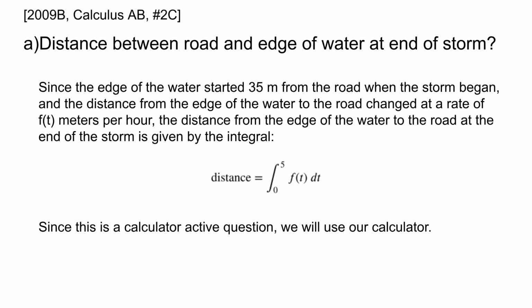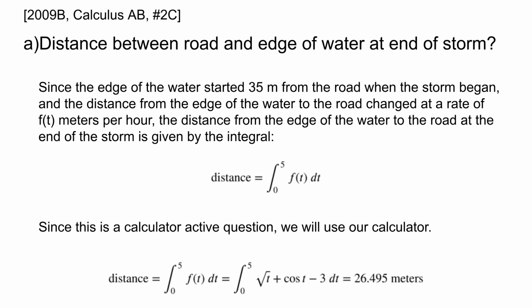Since this is a calculator active question, we can use our calculator to evaluate that integral using the function provided in the question stem. The distance, which is the integral from 0 to 5 of f of t dt, would be the integral from 0 to 5 of the square root of t plus cosine t minus 3 dt, which is 26.495 meters.